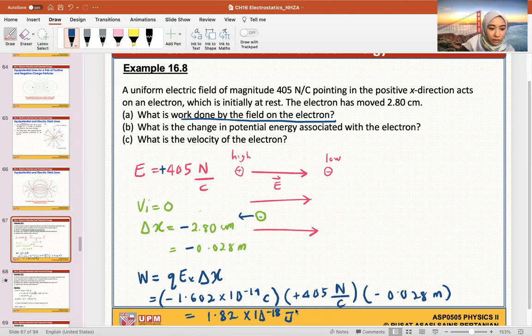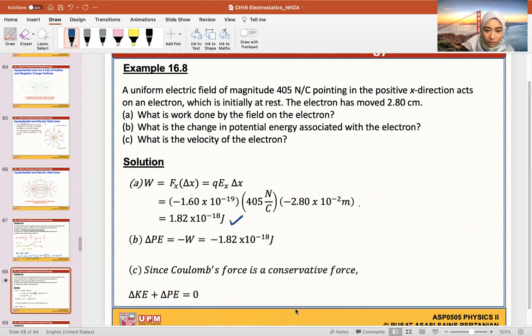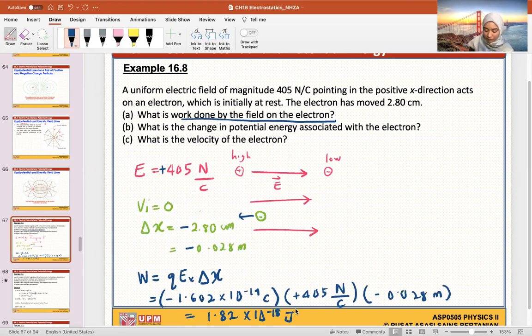Is my constant right? Wait, let me calculate again. 1.602 times 10 to the minus 19 times 405 times 0.028. Okay, got it. So it's minus 18.